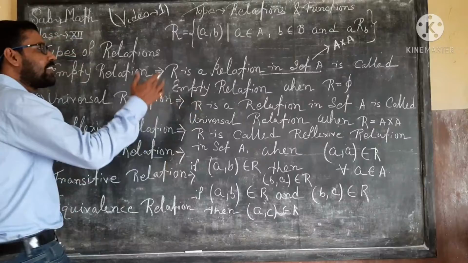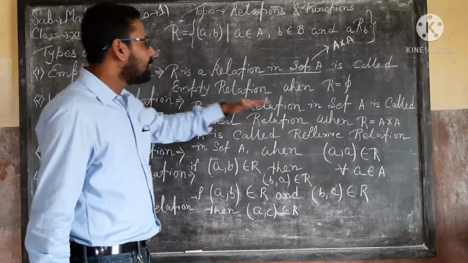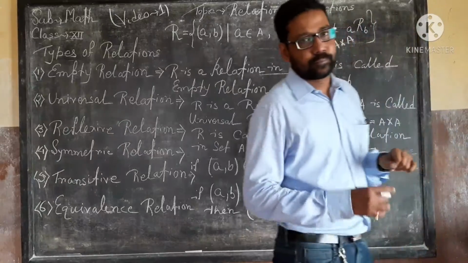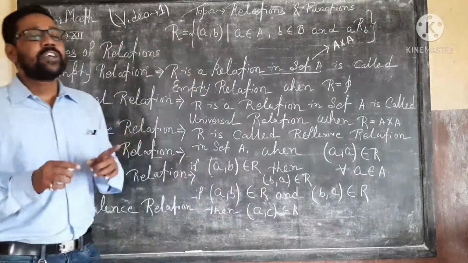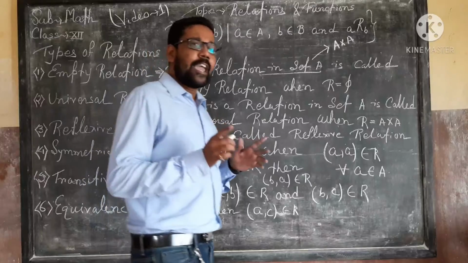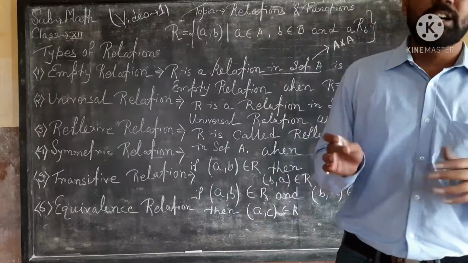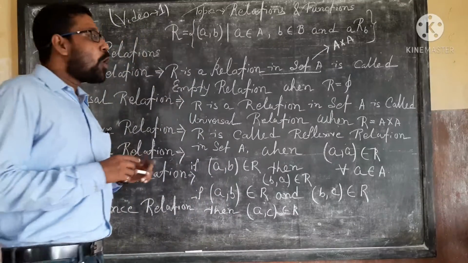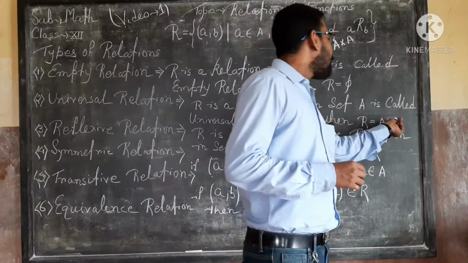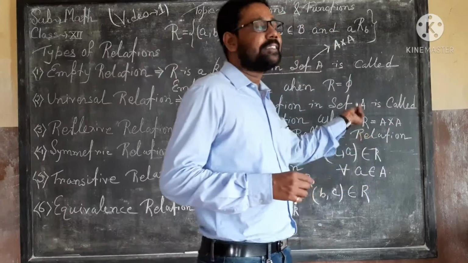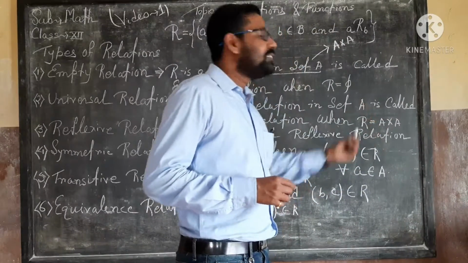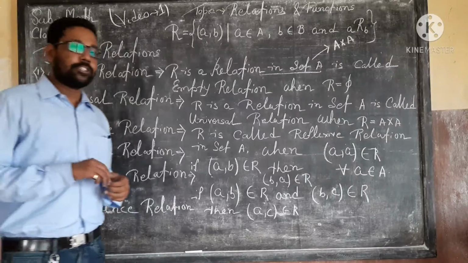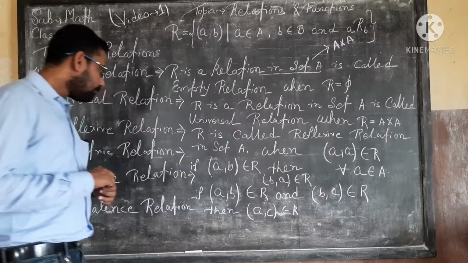A relation R in set A is called a universal relation when R is equal to A cross A. That means each and every element of A is connected to each other with a particular condition. So the whole set A cross A is equal to R, and this time R is called the universal relation.